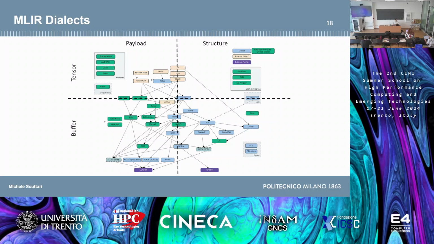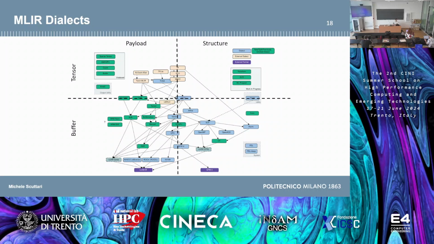They come from this part of the picture, and then they go back. As a disclaimer, the picture is not fully precise. For instance, tensor is false in here, but actually should be a bit higher, because it's really a tensor payload dialect.